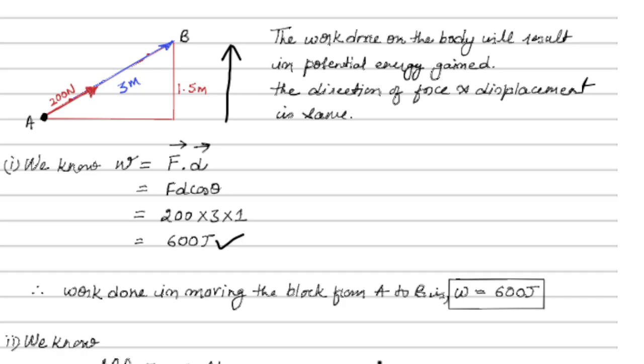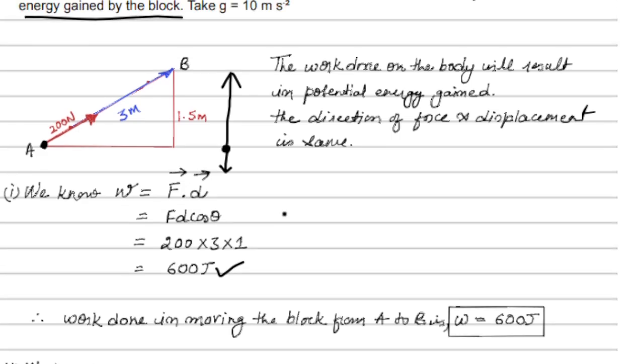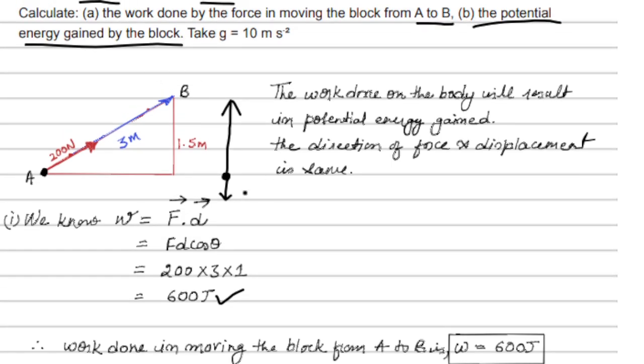Again, we can apply: change in potential energy is minus work done by gravity. Work done will be negative here. The force mg will be downwards. How much is it? 30 kg, so 30 into 10, that is 300 Newton force of gravity downwards.